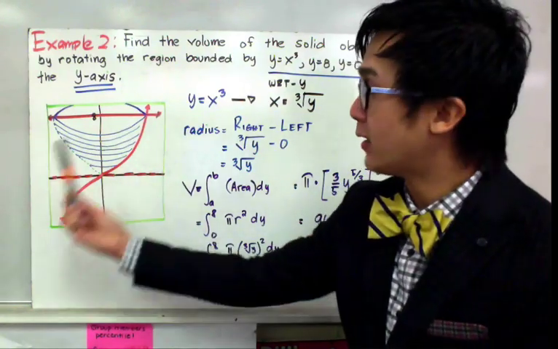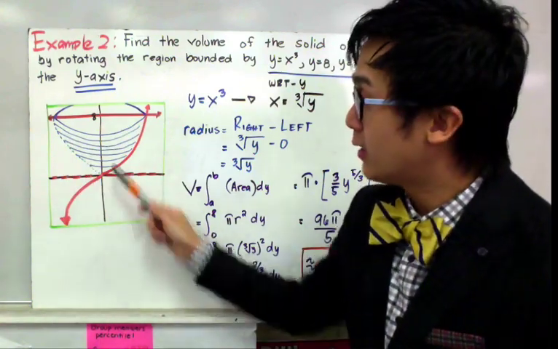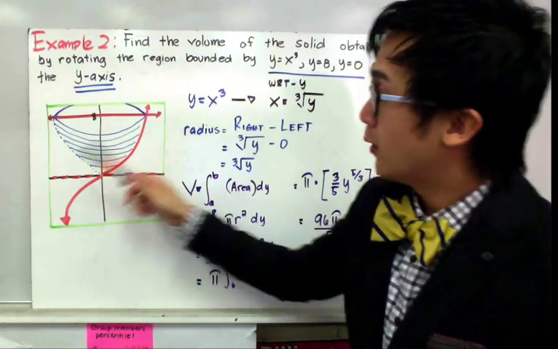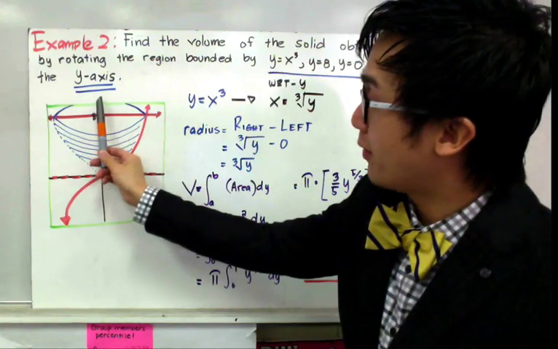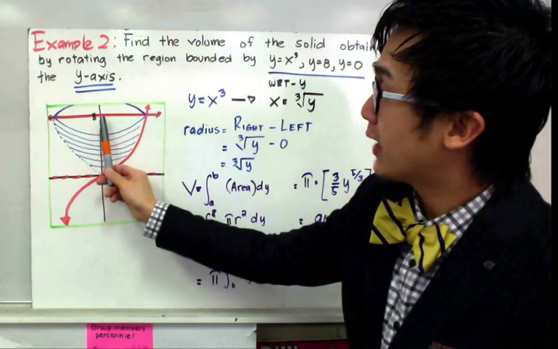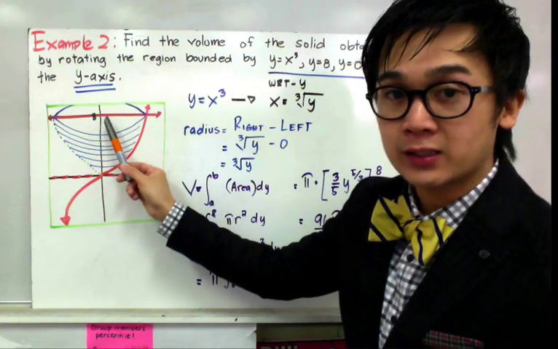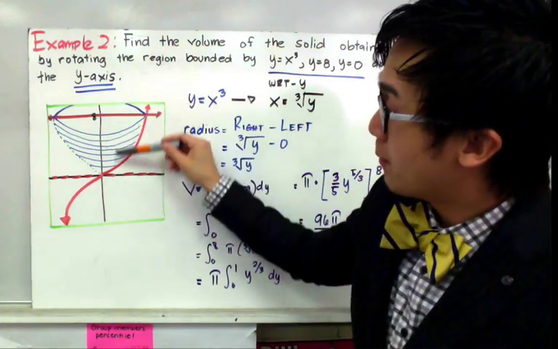And if we rotate your function on the y-axis, the solid figure that will be generated will be a cylindrical cone, which is generated on the y-axis. So when that happens, finding our radius is now going to be right minus left. So we're using the right minus left method instead of top minus bottom.